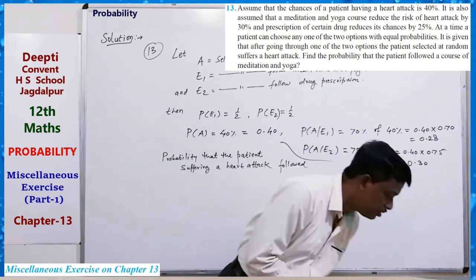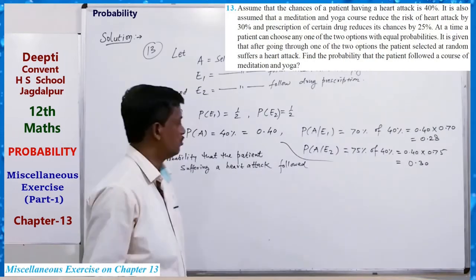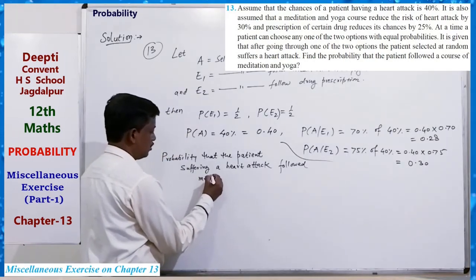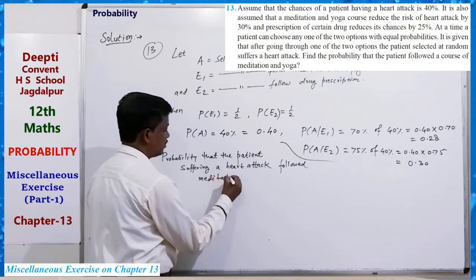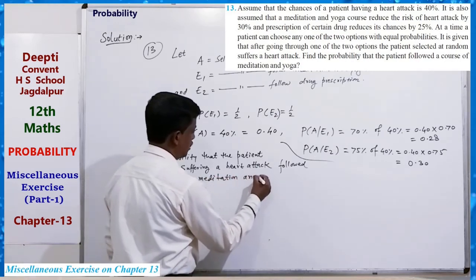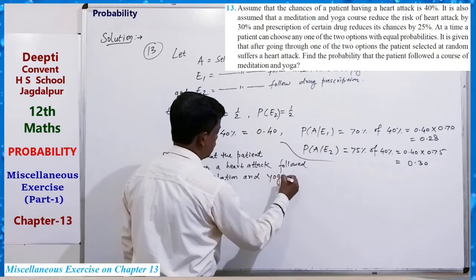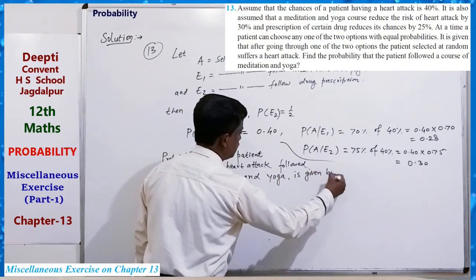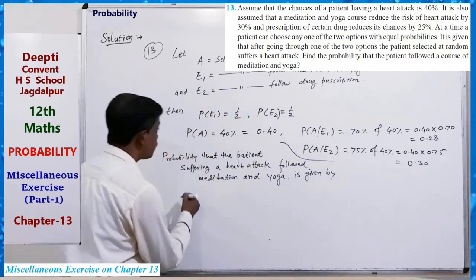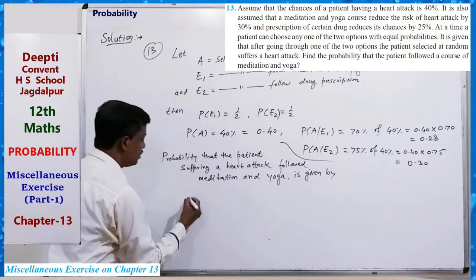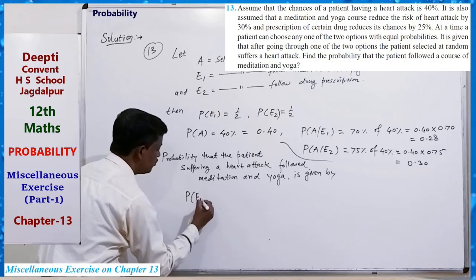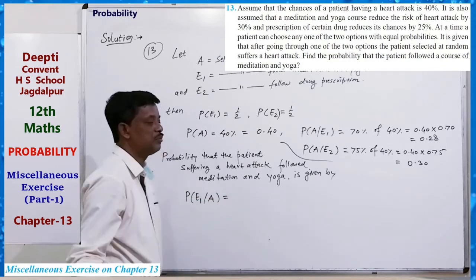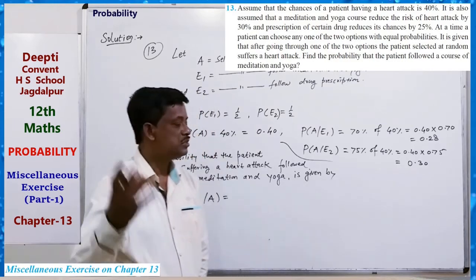We have to find the probability for meditation and yoga. Yoga meditation is E1, so P(E1|A). Thus we have to find P(E1|A) using Bayes theorem.